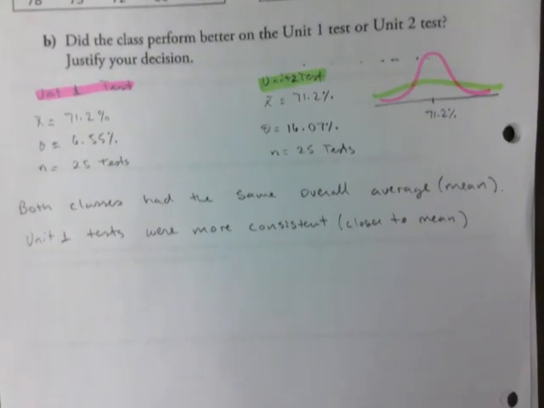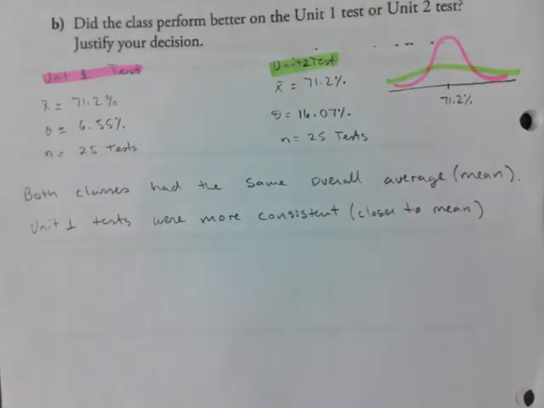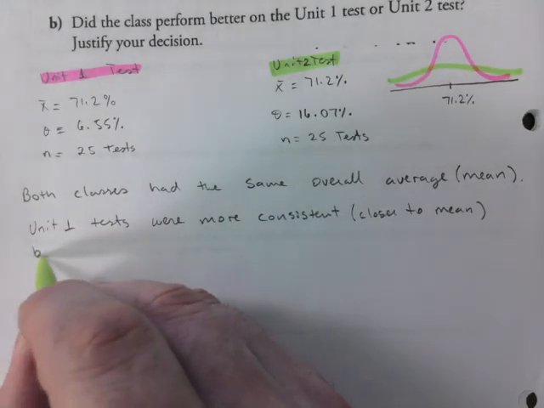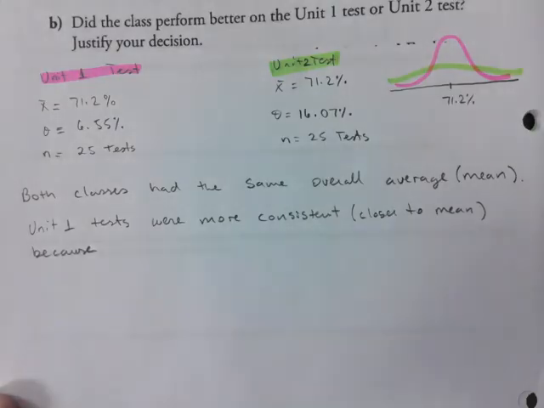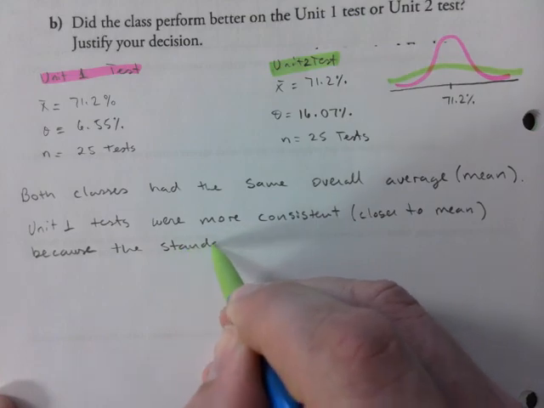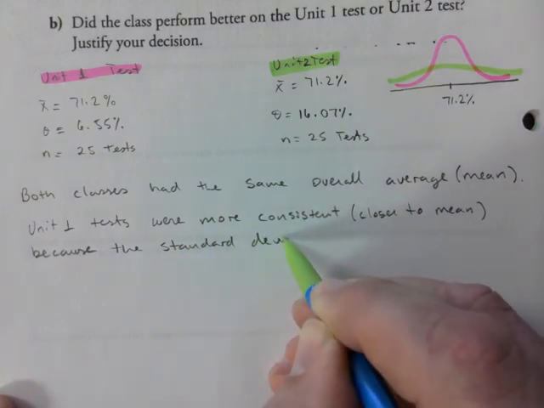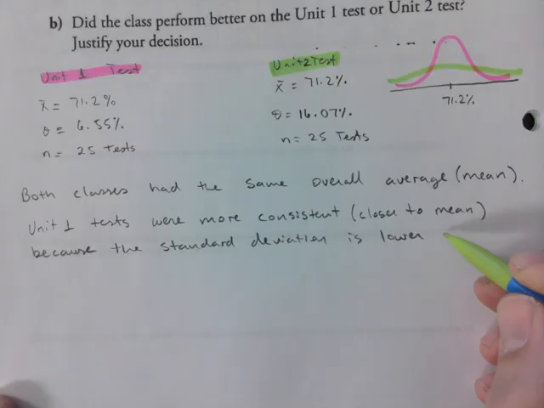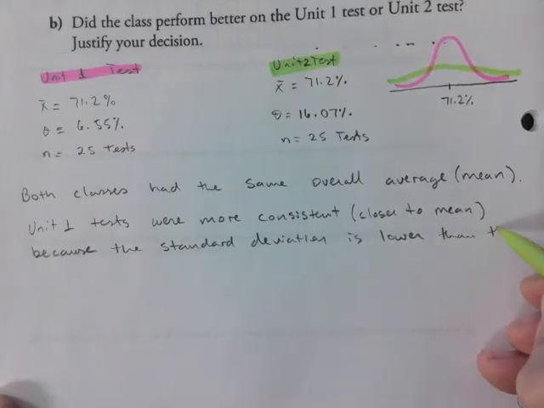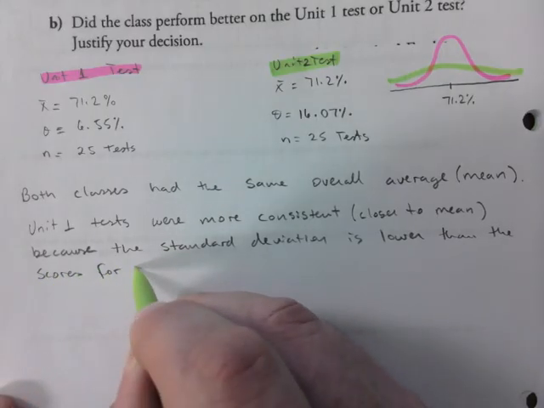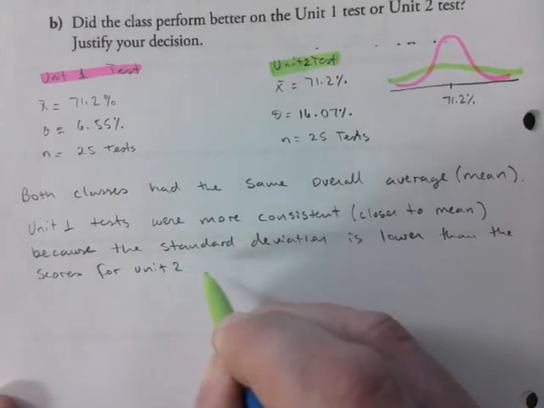I need to zoom in a little bit. Yeah. So unit 1 tests were more consistent, closer to mean, because, let's be specific, how do we know this? Because the standard deviation is lower than the scores for unit 2 tests.